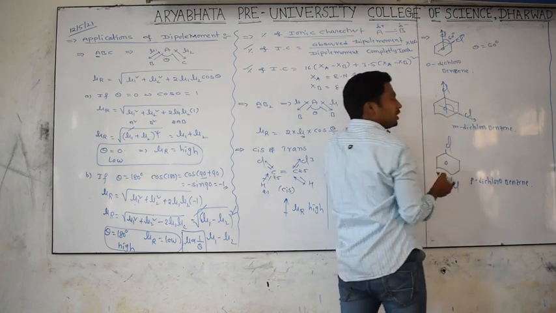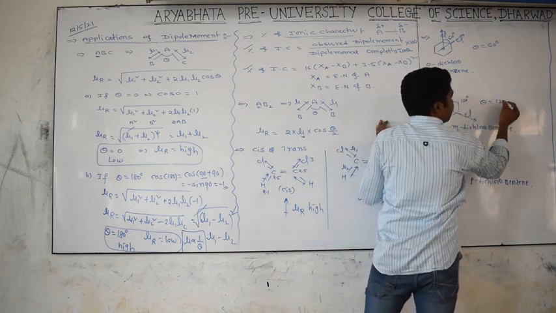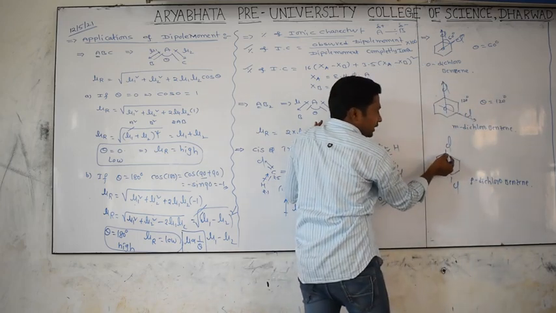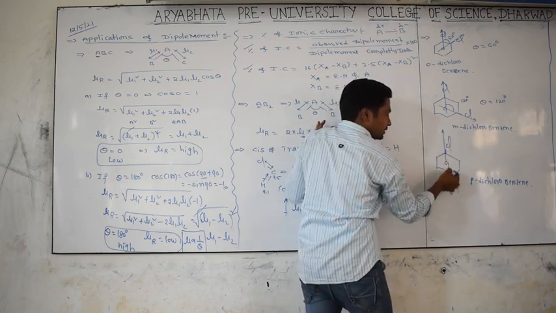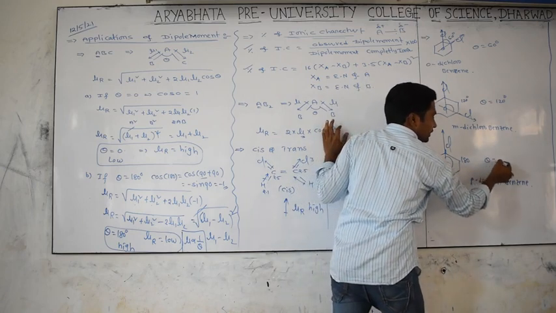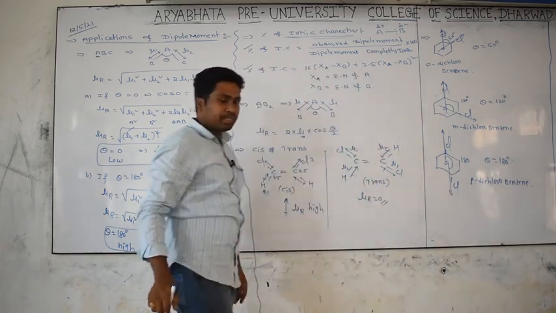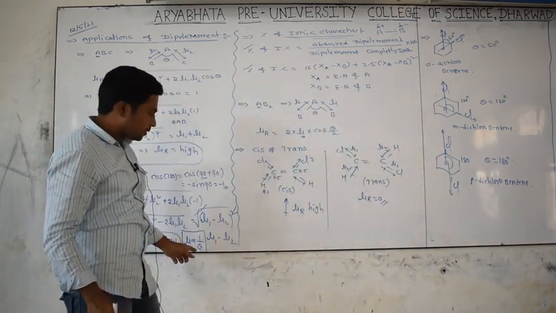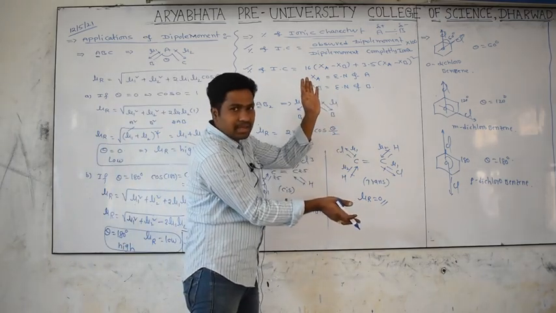Then the bond angle is how much? 120 degrees. Now take the C-Cl bond in the upper direction, extend, and the down direction, extend. The angle made is how much? 180 degrees. Here the bond angle is 180 degrees. I already told you in the first application, the dipole moment is inversely proportional to bond angle. As the bond angle increases, mutual cancellation happens.